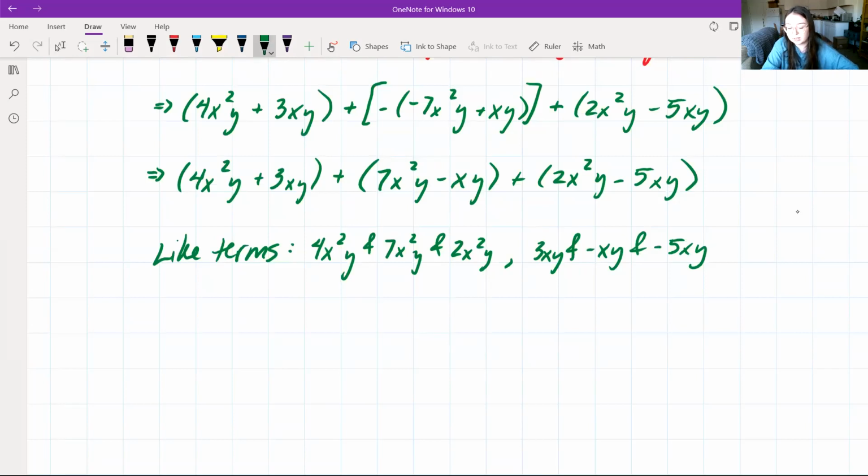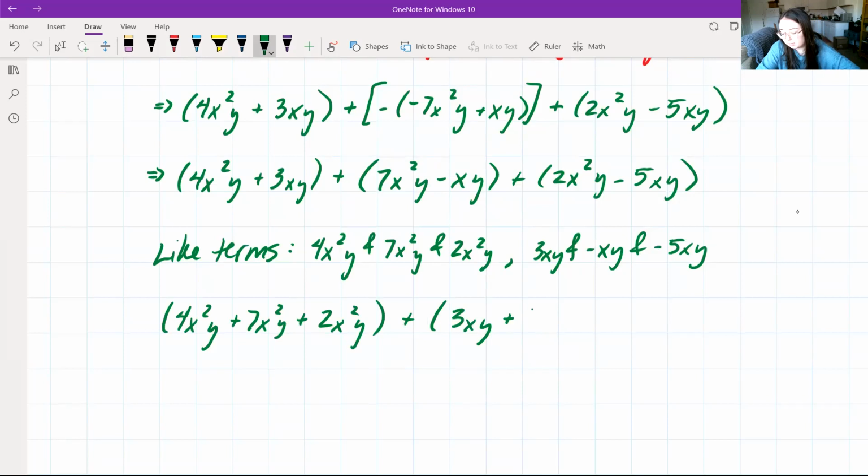So starting with our x squared y, we'll take 4x squared y plus -7x squared y plus 2x squared y, plus 3xy plus a negative xy plus a negative 5xy.